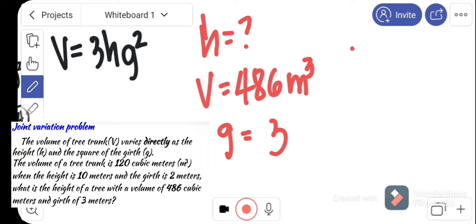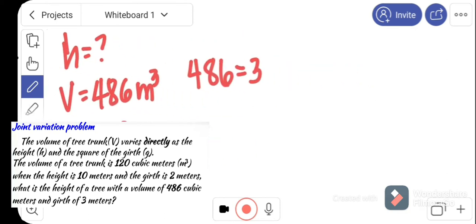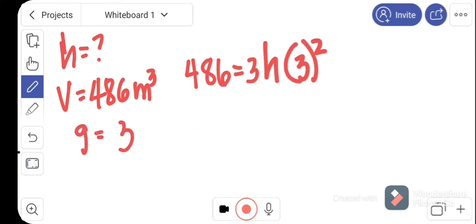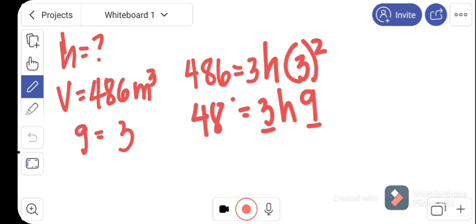V is 486, equal to 3, and then h g squared. What is our h? That's missing. And then g, 3 squared. What is 3 squared? That is 9. So 3h, 9. Let us combine 3 and 9. What is the product of 3 and 9? The answer is 27h.